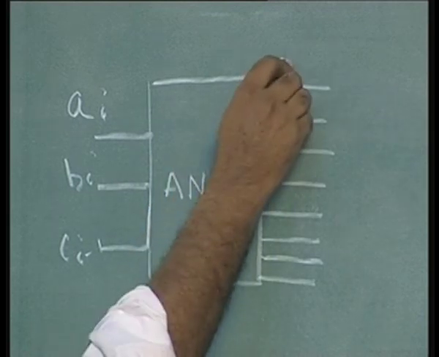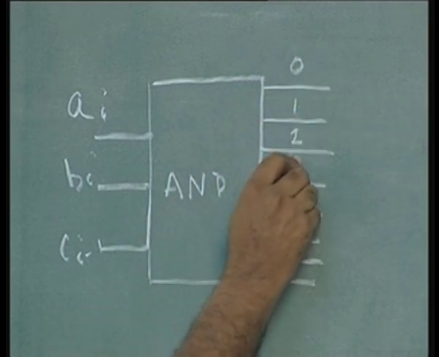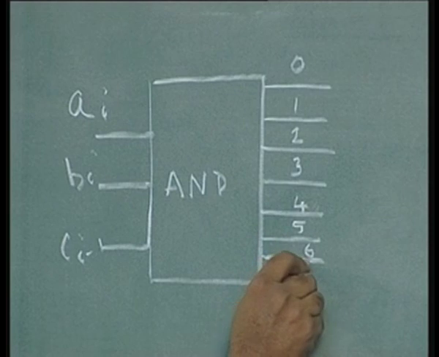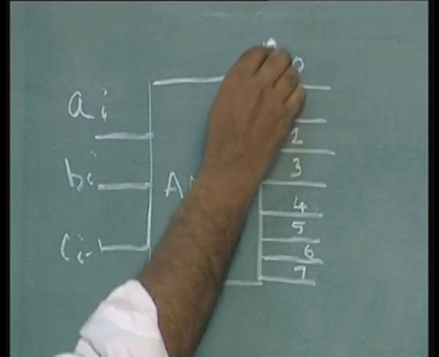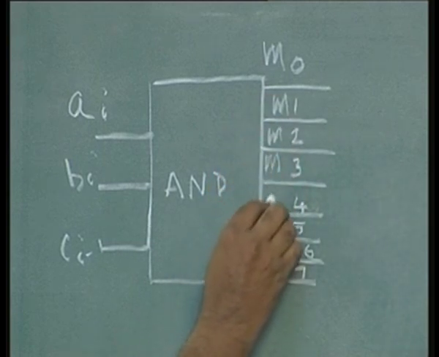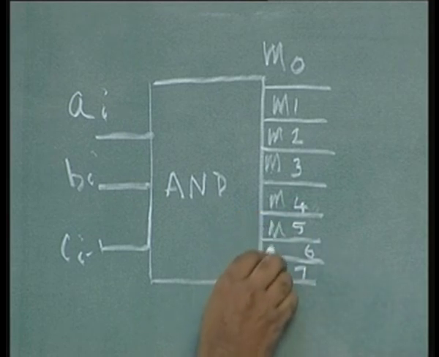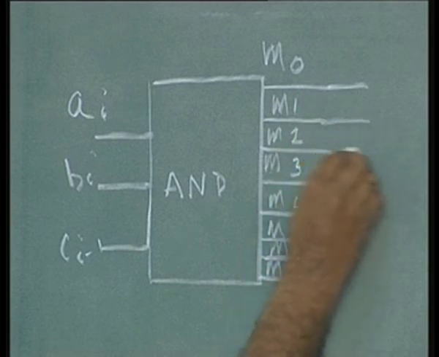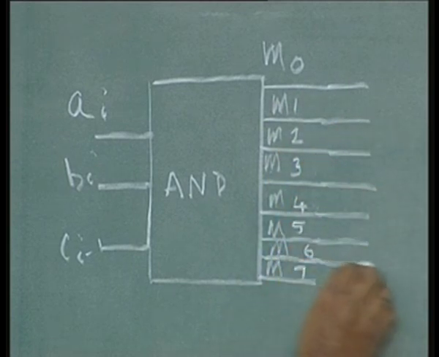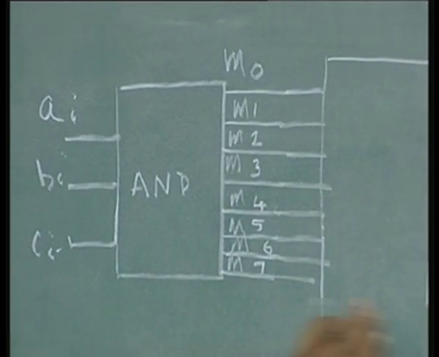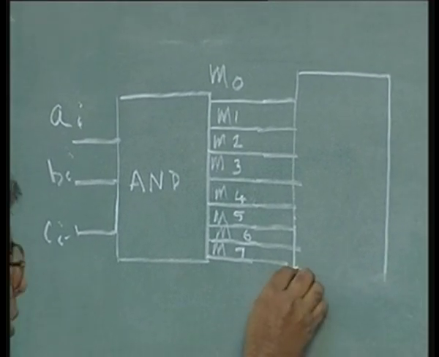corresponding to the minterms. I am calling them 0, 1, 2, actually in textbooks you will see them as M0, M1. If you want to call them M0, M1, M2 is fine with me. Minterms, and an OR gate array in order to combine these minterms into the required sum and carry.